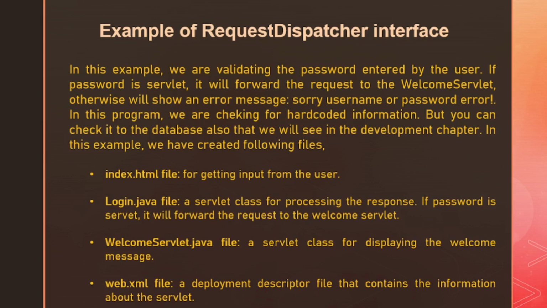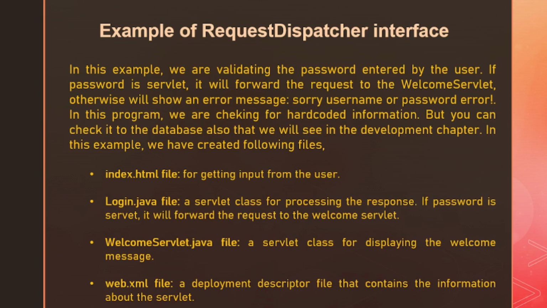Otherwise, it will show an error message like sorry, username or password error. In this program, we are checking for hard-coded information, but you can check it against the database also, that we will see in the development chapter.